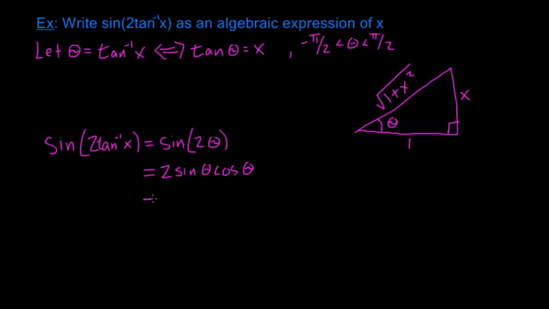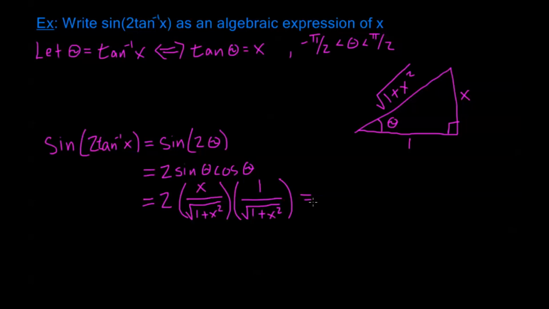And now we can plug in from our triangle. For my triangle, I see that my sine is opposite over hypotenuse, or x over the square root of 1 plus x squared. And my cosine is adjacent over my hypotenuse, or 1 over the square root of 1 plus x squared.